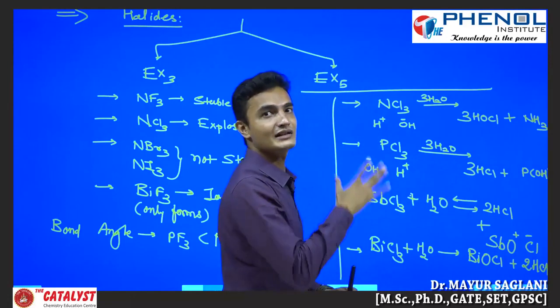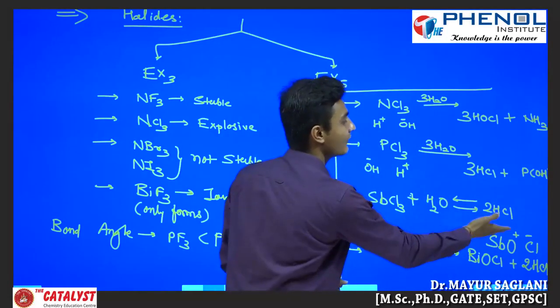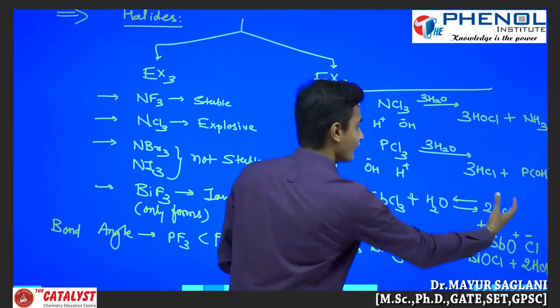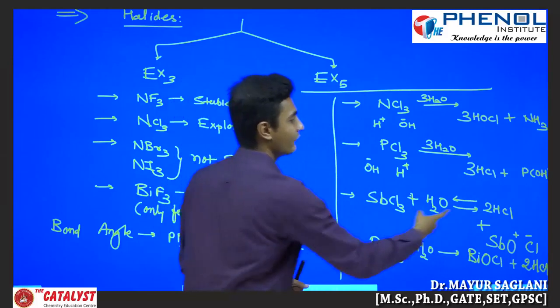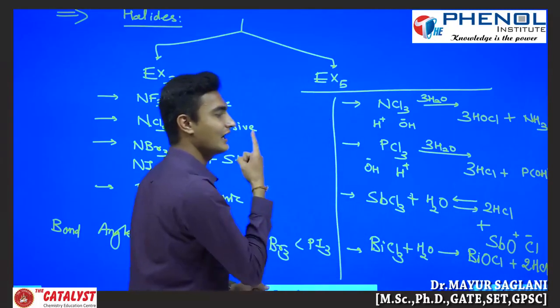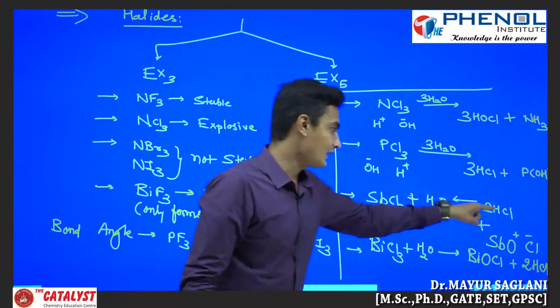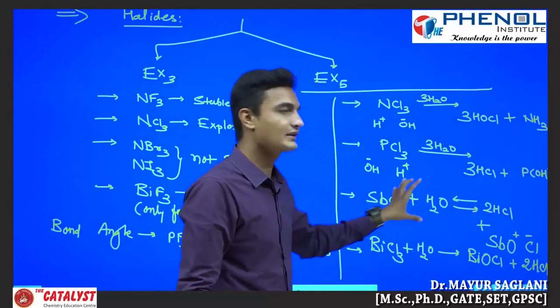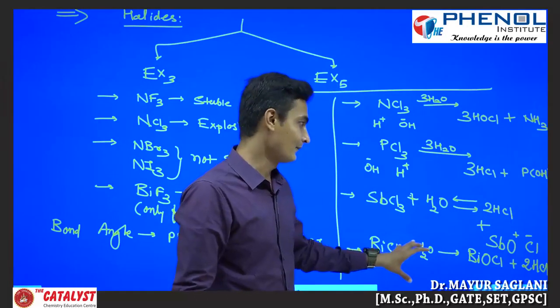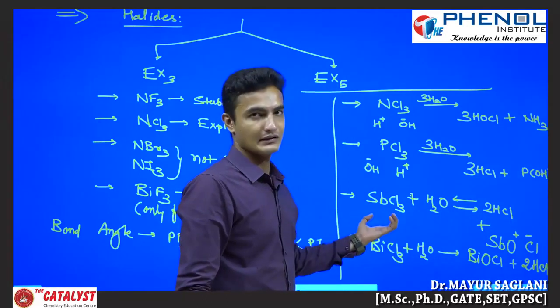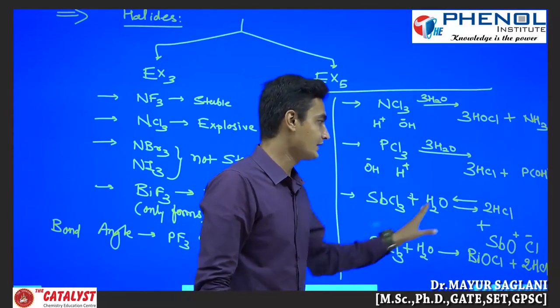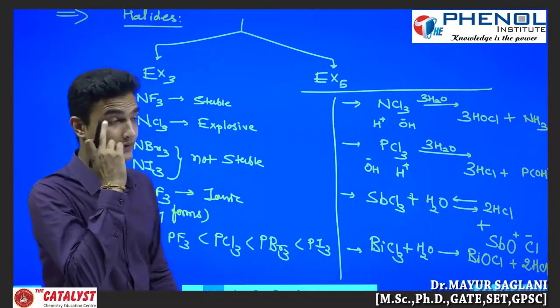According to Le Chatelier's principle, if you increase the amount of product, the reaction is reversible and the equilibrium will shift in the left direction. So whenever you add HCl in the hydrolysis of SbCl3, there will be no hydrolysis, because this reaction is in equilibrium. Are we clear?